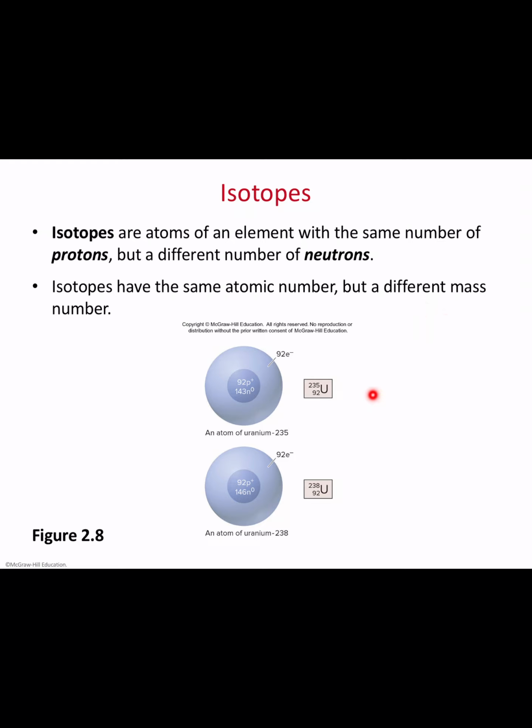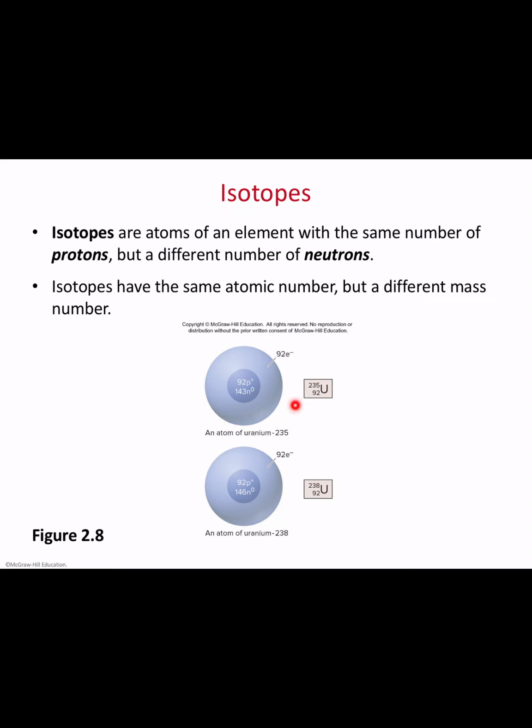Okay. These are 2 isotopes of uranium. One is uranium 92, where 92 is the atomic number. This one is also uranium 92, the atomic number, which is the number of protons. But you can see that the mass number changes: 235, 238. The number of electrons is going to be the same, 92, 92, outside of the nucleus.